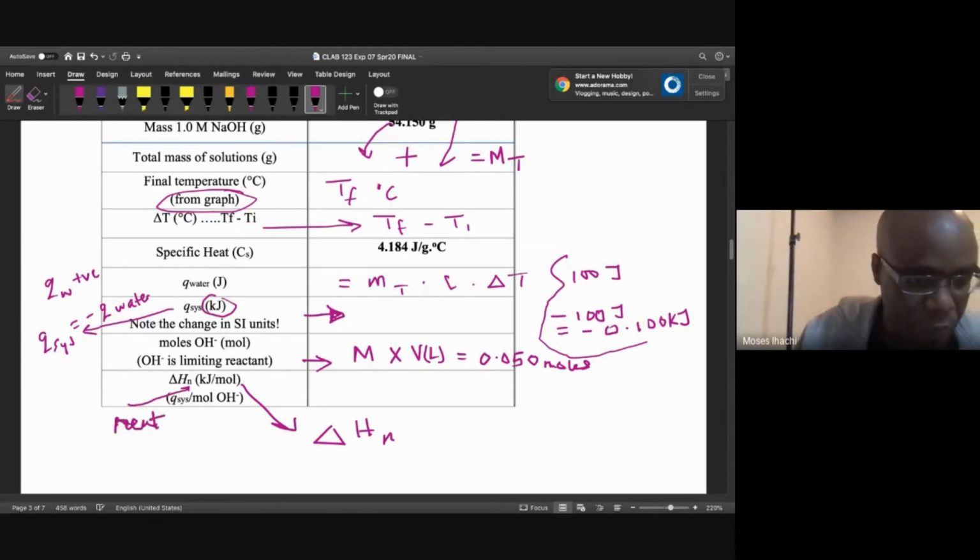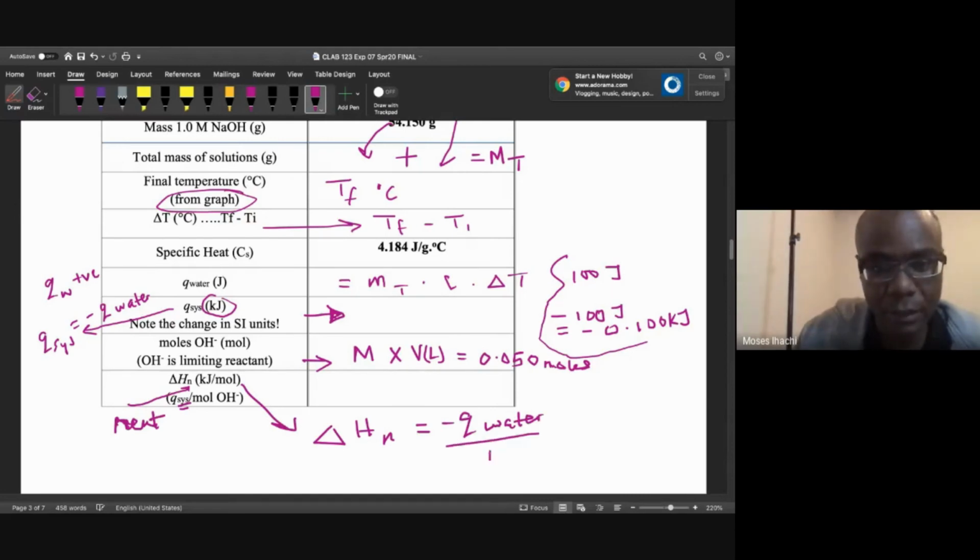Okay, that's neutralization. Now remember, QS is negative QW. So I might as well just write negative Q of the water. That is QS. Then divide by the number of moles. That will give you the value here.